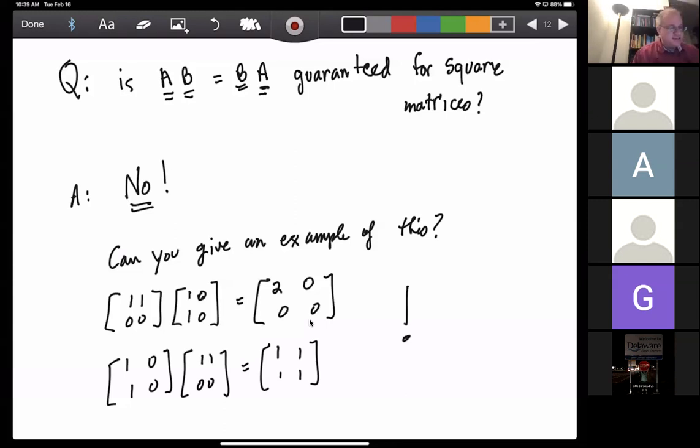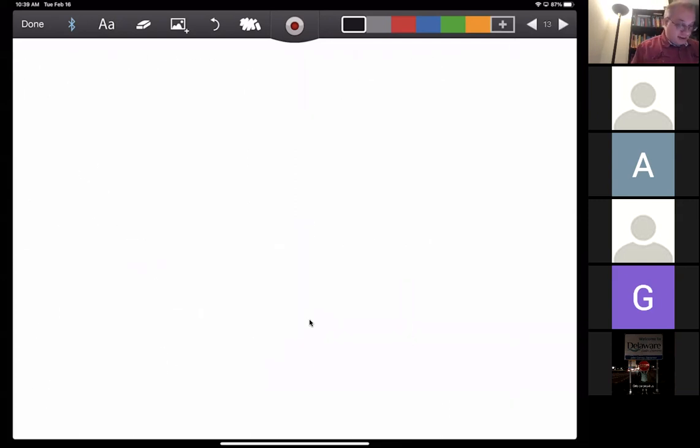Okay, so here's an example of this phenomenon. Now, it's kind of complicated in general to come up with a set of conditions that will tell you when the order doesn't matter when you're multiplying two matrices.